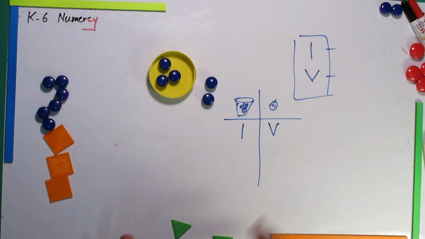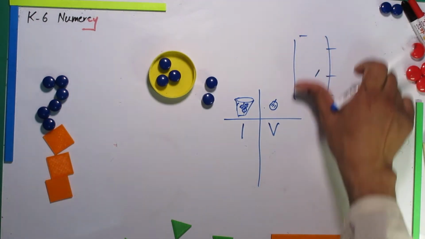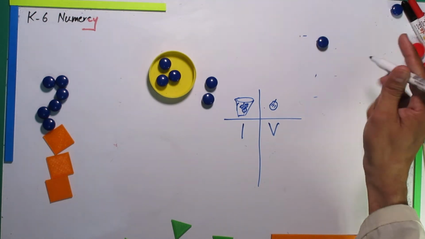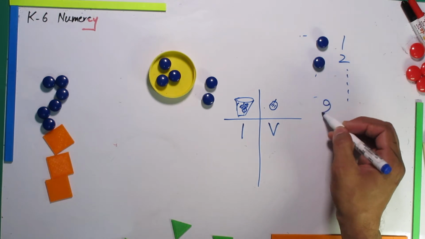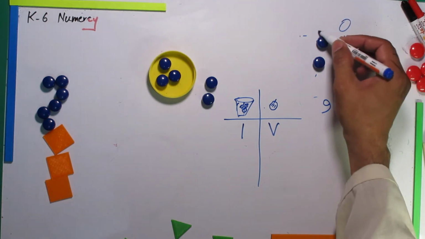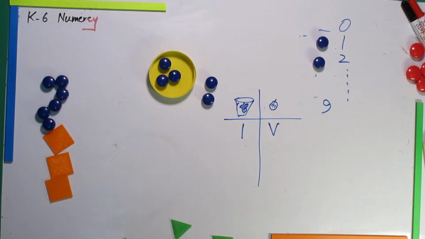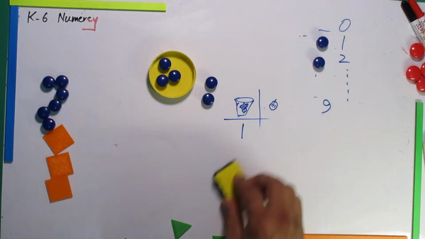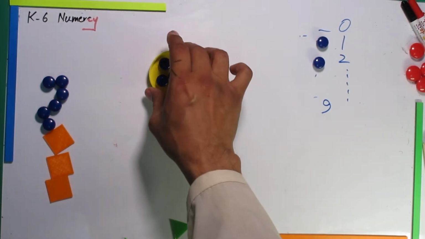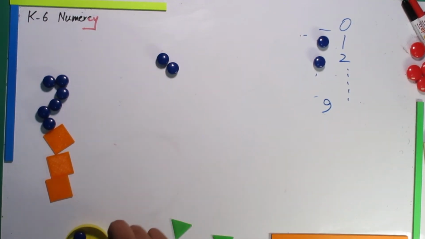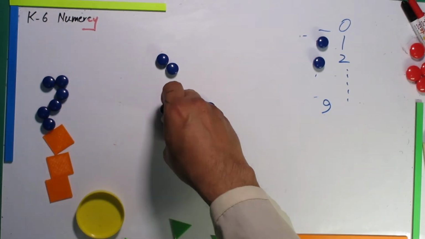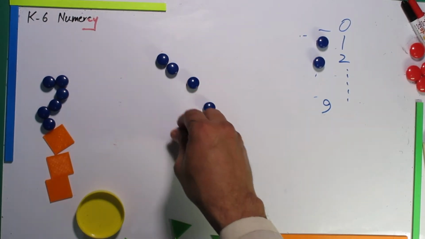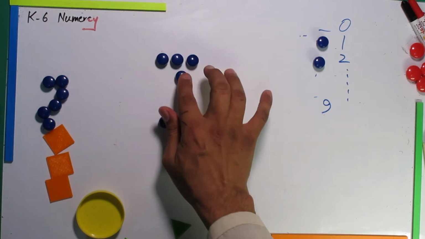We invented symbols from our hands: let's have a symbol for this as 1, this as 2, and we went up to 9. And if there is nothing, we also invented a symbol for that, and that's also for a reason that we will understand in a while. Now, if the things are more than 9, we will do the same as the old lady in the Amazon forest was doing.